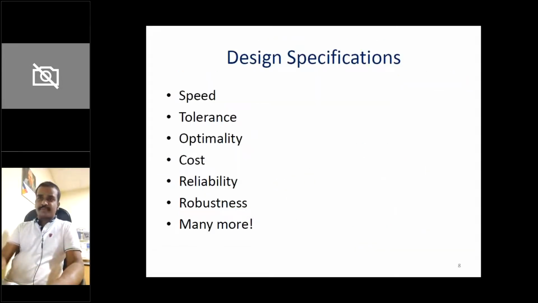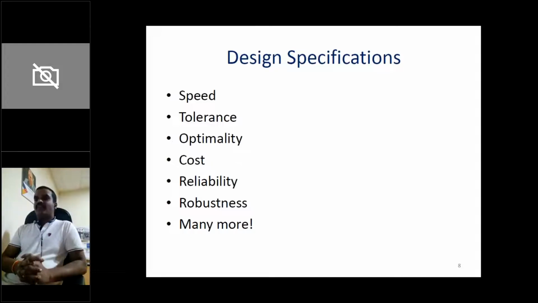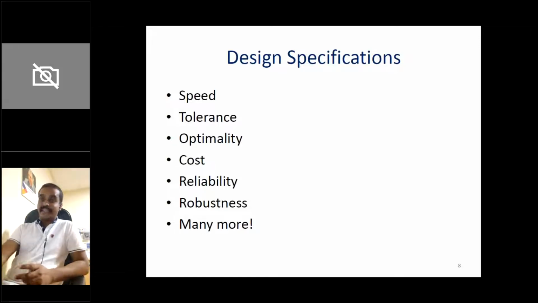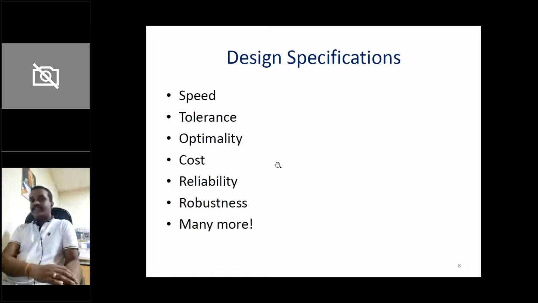Some of the desired specifications are speed, tolerance, optimality, cost, reliability, robustness, and many more. We will restrict our discussion here to speed in terms of rise time and settling time, tolerance in terms of steady state error, and optimality.